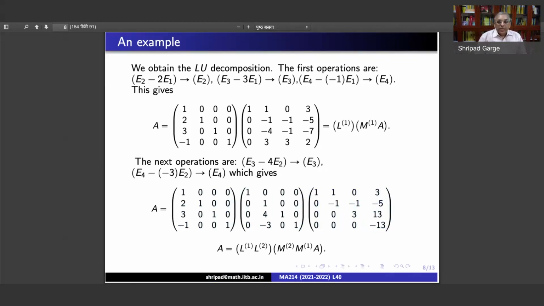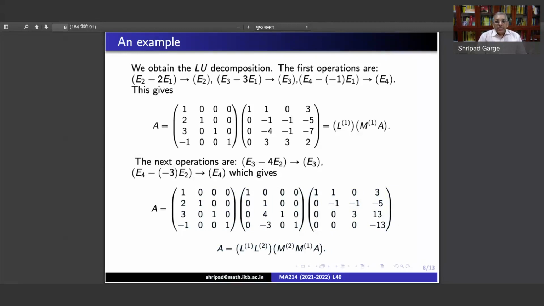So we see that we have obtained it as L1 L2 into M2 M1 A. M2 M1 A is this matrix here. L2 is this middle matrix, and L1 is this first matrix. Okay, so the product L1 L2 is lower triangular, and M2 M1 A is upper triangular.